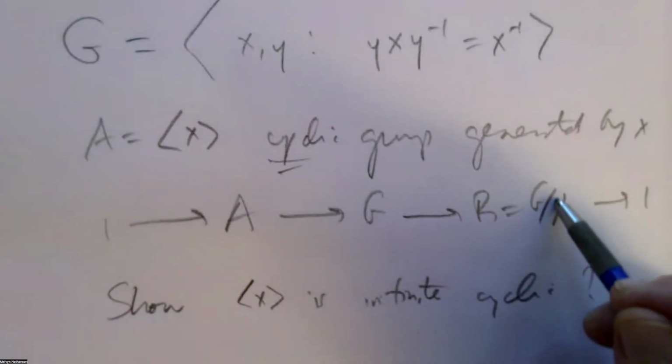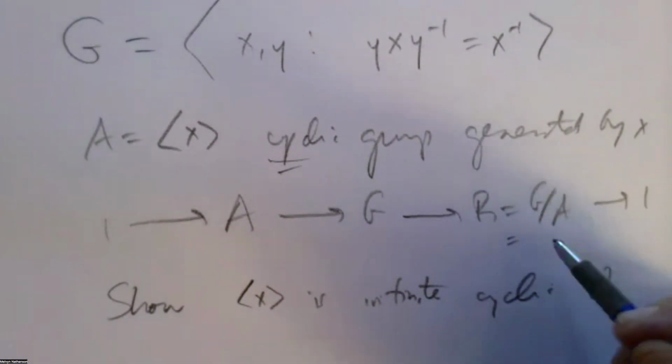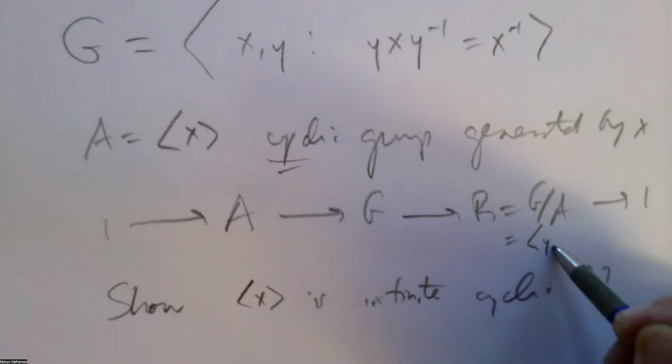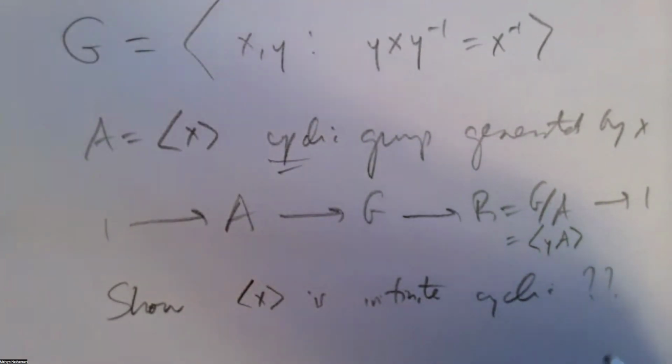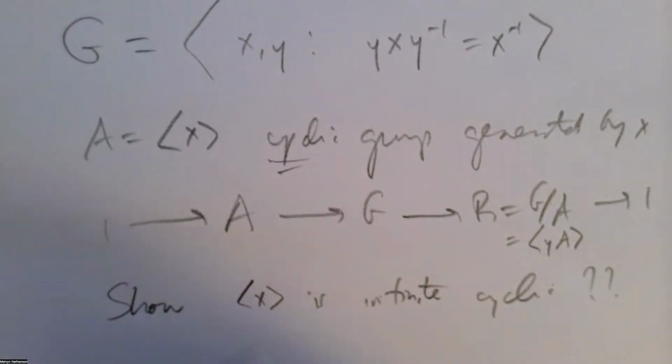This quotient group G mod A is also cyclic. It's generated by the coset yA. So am I right that every element can be written uniquely as x to some power times y to some power? I don't know. Because you can move y through x, like if you have any word.